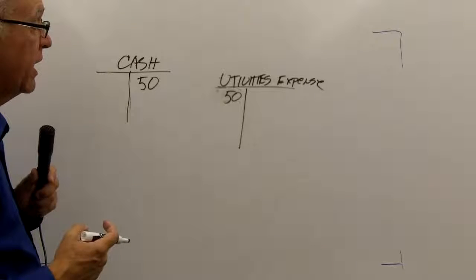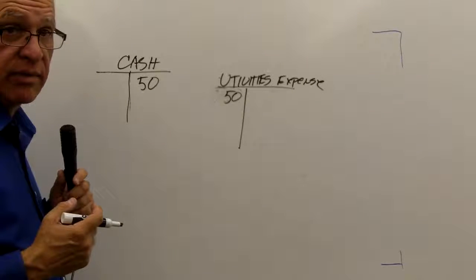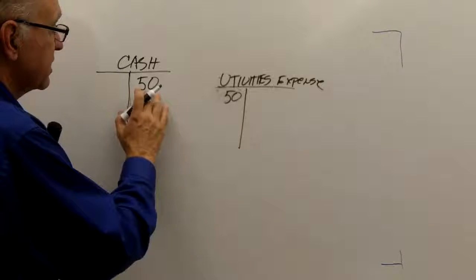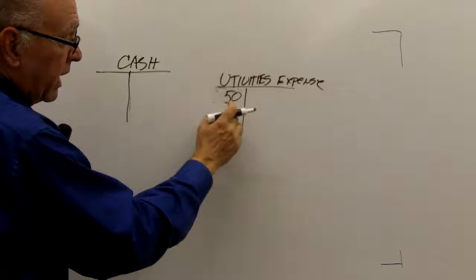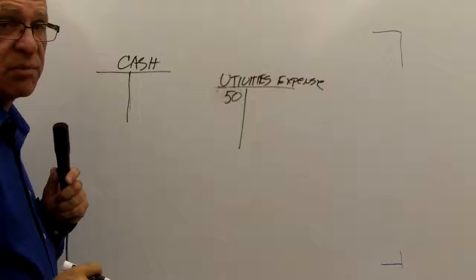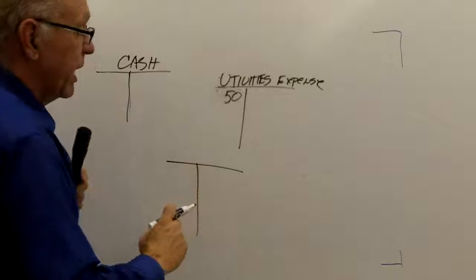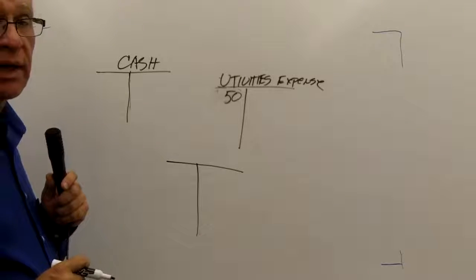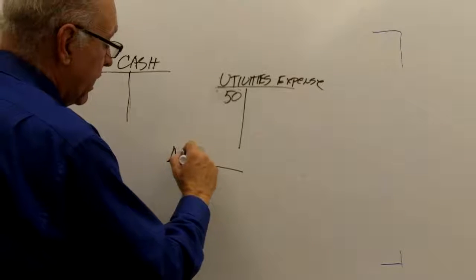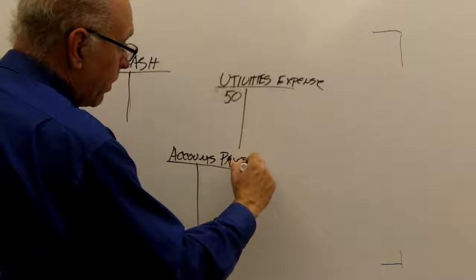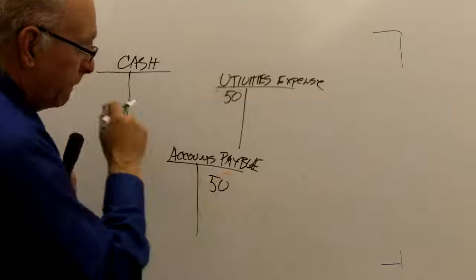If we had not paid the utility bill and put it in our top desk drawer with the intent of paying it a few weeks later, again, I would have debited utilities expense, but I also would have incurred a liability, and that is accounts payable for $50.